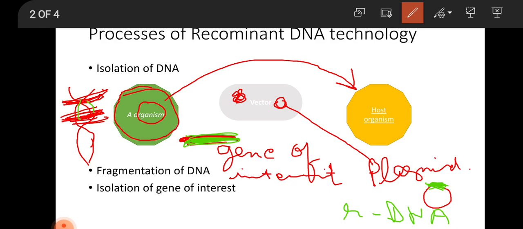Now this recombinant DNA will be copied with the help of a process known as the amplification of DNA or gene of interest, and after that we will take this plasmid, copy this plasmid, and introduce it into the host organism. When we introduce this plasmid into the host organism, then this host organism is known as the transgenic organism.